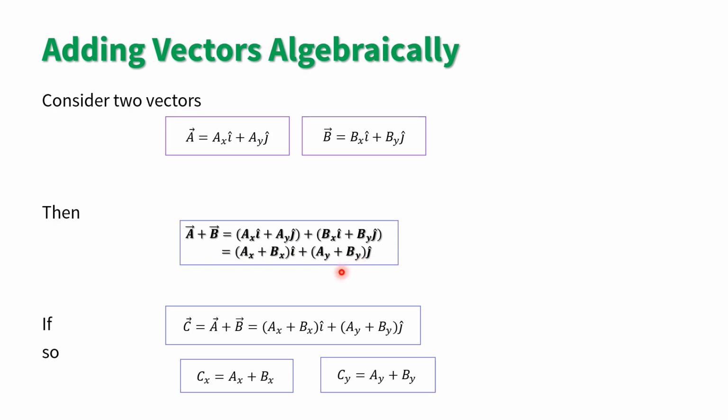So this means that if C is the resultant vector, C equals A plus B, then C sub x, or the x component of the resultant, is just equal to A sub x plus B sub x, and the y component of the resultant vector C is equal to A sub y plus B sub y.